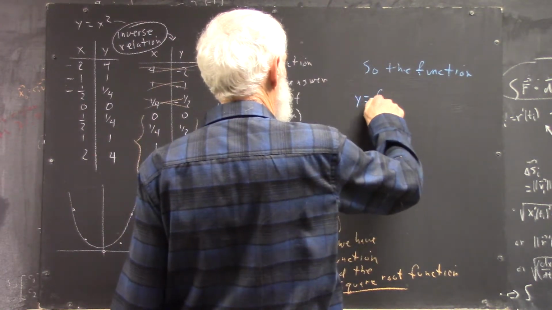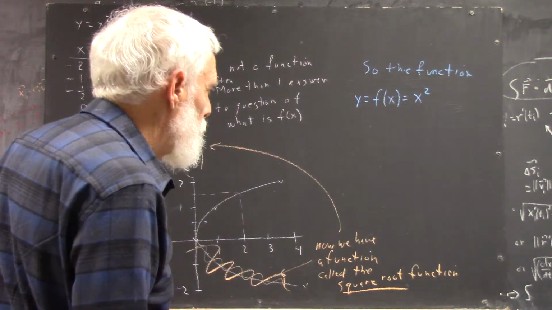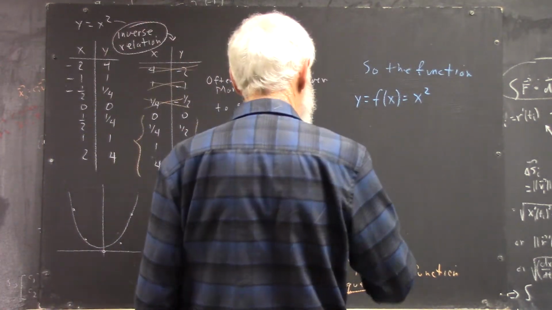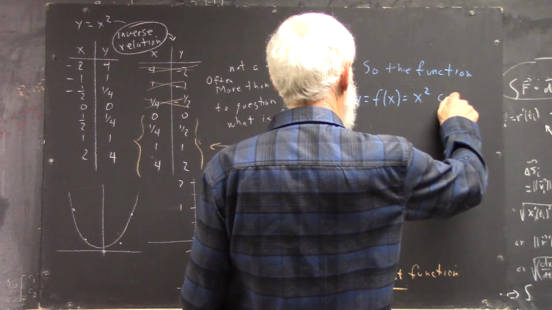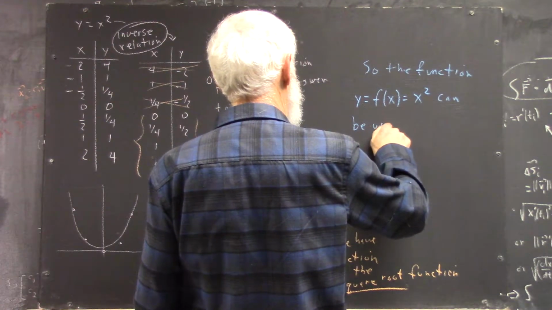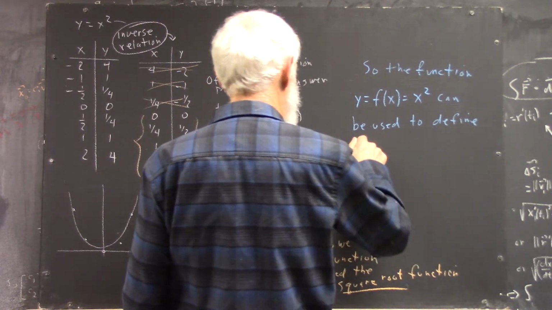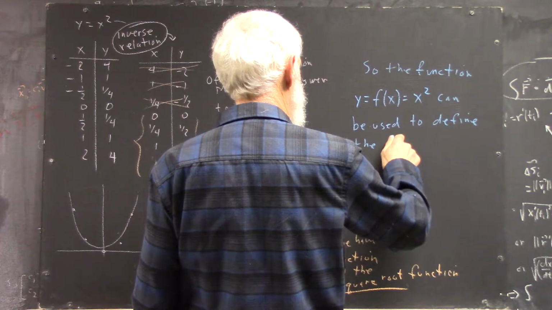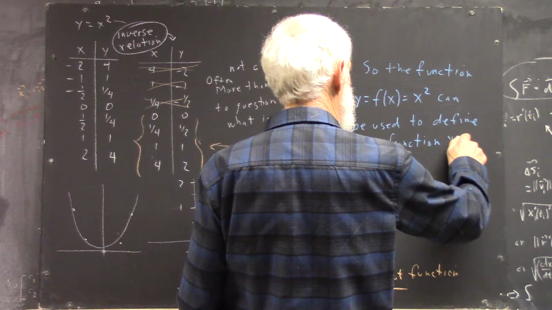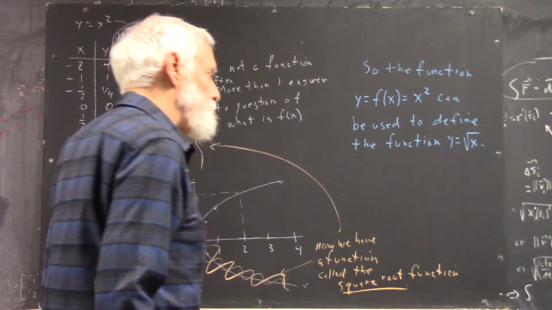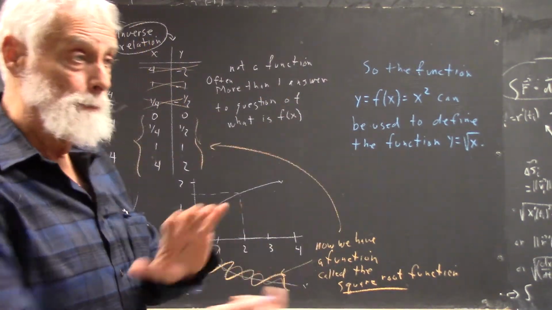Using f of x notation, we define the square root of x function in terms of the x squared function just by inversing it.